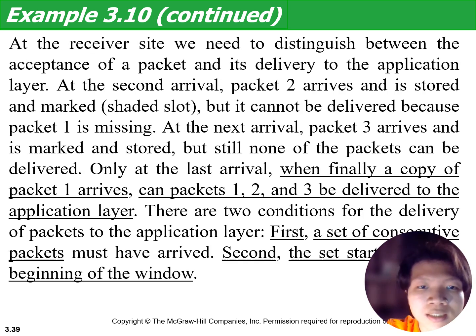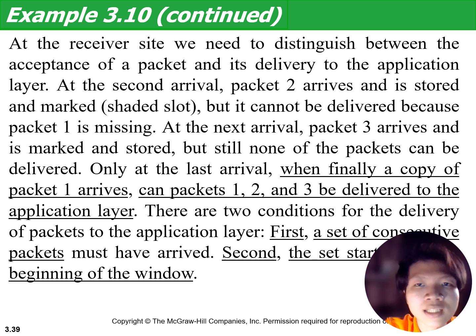At the receiver side, we need to distinguish between the acceptance of a packet and its delivery to the application layer. At the second arrival, packet 2 arrives and is stored and marked, but it cannot be delivered because packet 1 is missing. At the next arrival, packet 3 arrives and is marked and stored, but still none of the packets can be delivered.